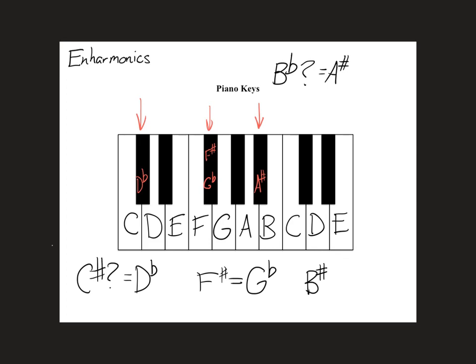What is the enharmonic equivalent of B sharp? To figure that out, we're going to look at B. And B sharp, by definition, is just the note that is one half step above a B.